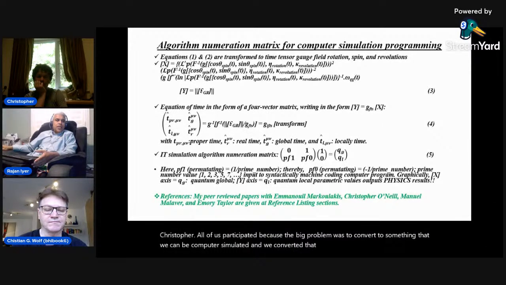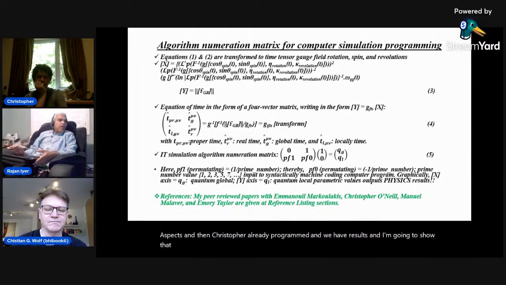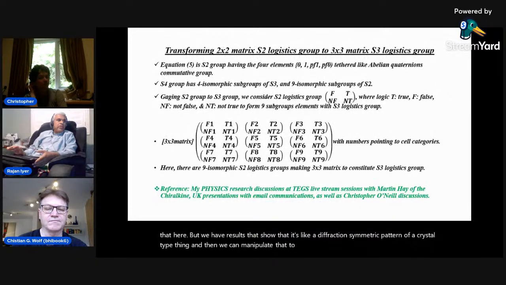I mentioned in one of the earlier presentations that we can convert to the numerical matrix, but here you have permutation aspects, and then Christopher already programmed it, and we have results. I'm not going to show that here, but we have results that show a diffraction symmetric pattern of a crystal type thing. Then we can manipulate that to get the next level.